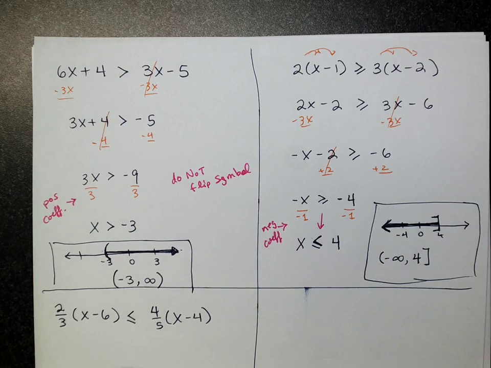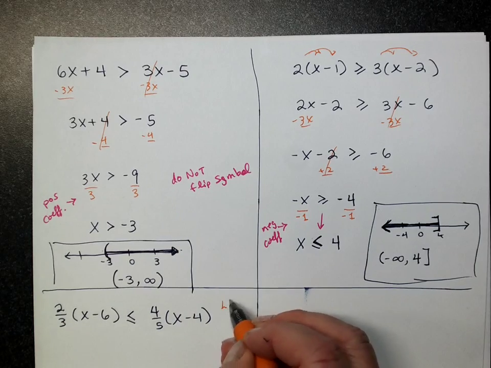How many terms do I have right now? Exactly. Don't unlock them or you'll have 4 and you'll have more fractions. Okay? Deal with this as one quantity. What's our LCD? 15.